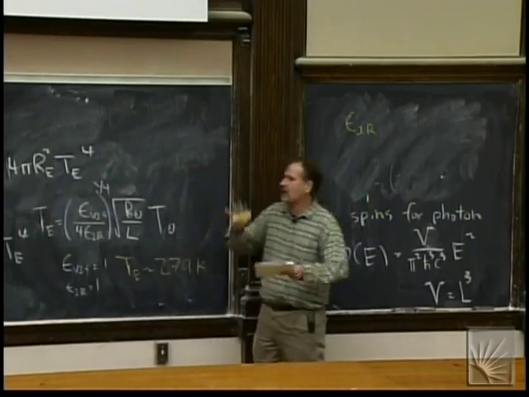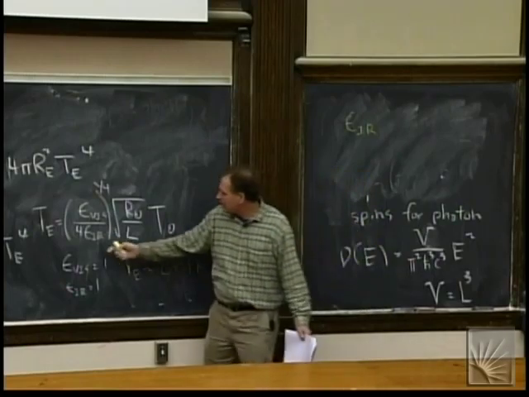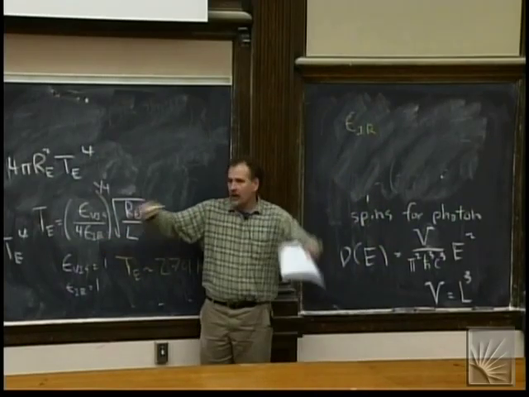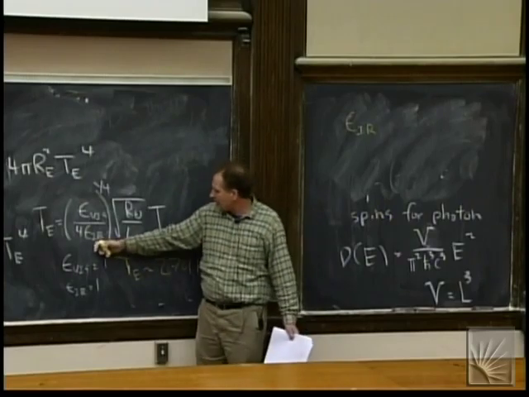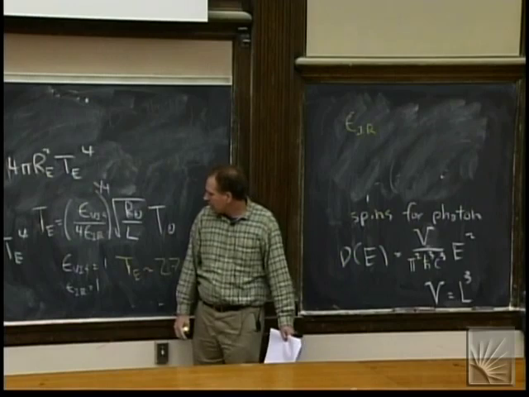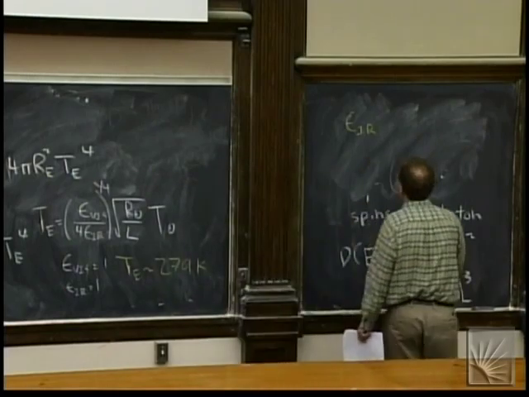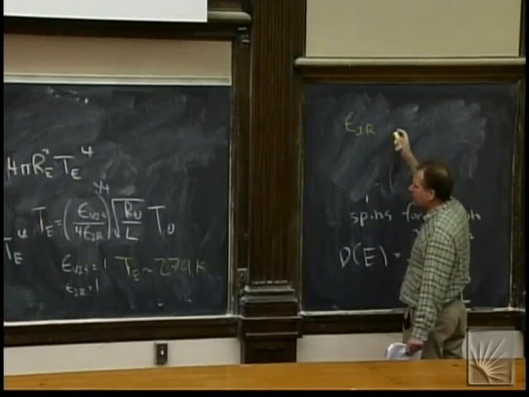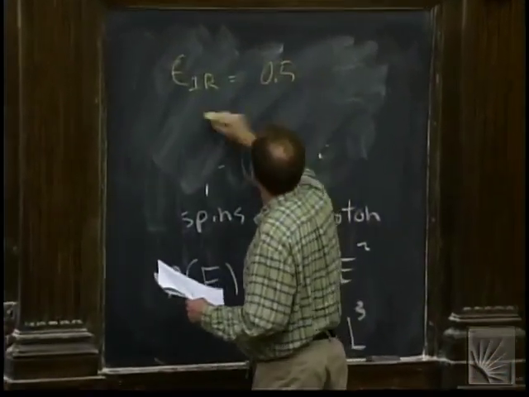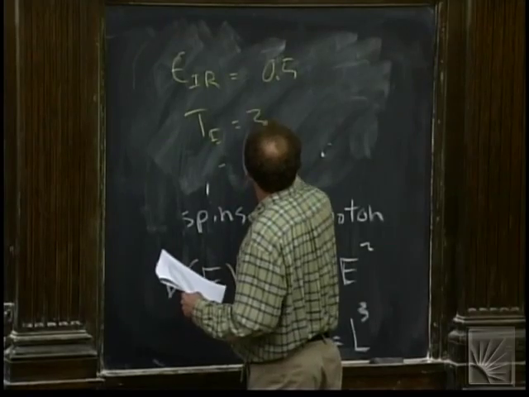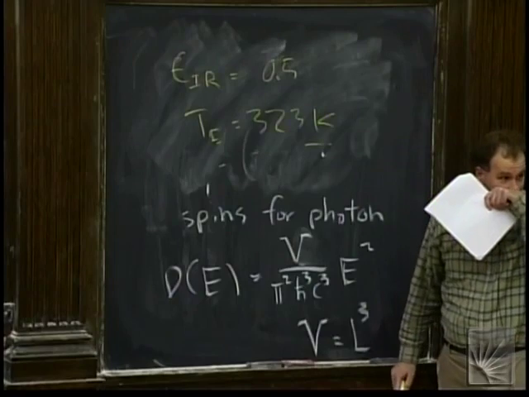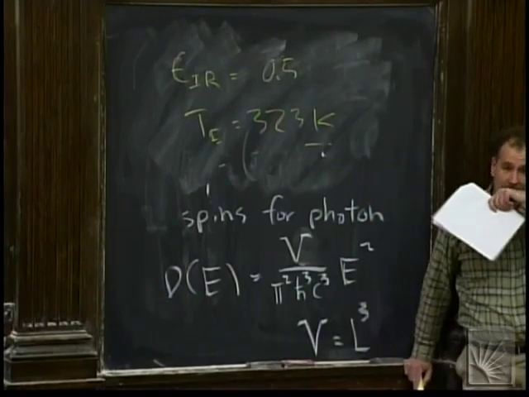And the greenhouse gases are such that they drop this. If I pick a smaller number, 0.5, then T Earth goes to 323 Kelvin. Bad news. That's pretty hot.